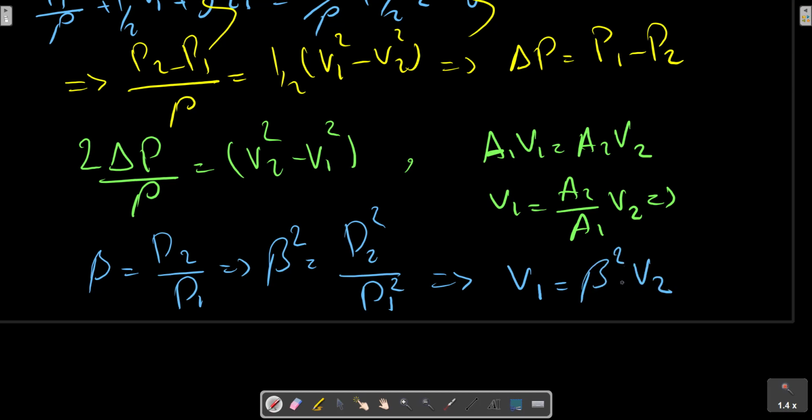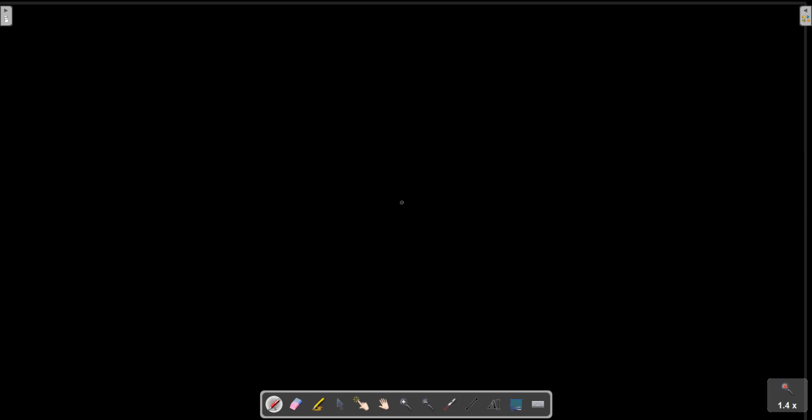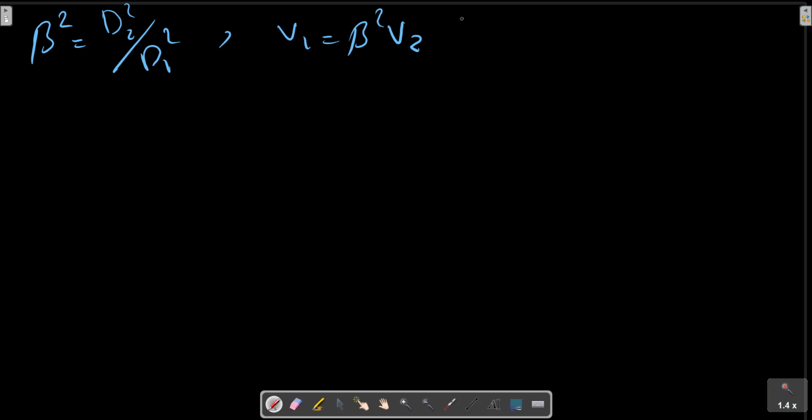This is a relation between two velocities in the venturi device. So we can simplify the relation. We have two relations, beta squared equals to A2 on A1, and V1 equals to beta squared V2.